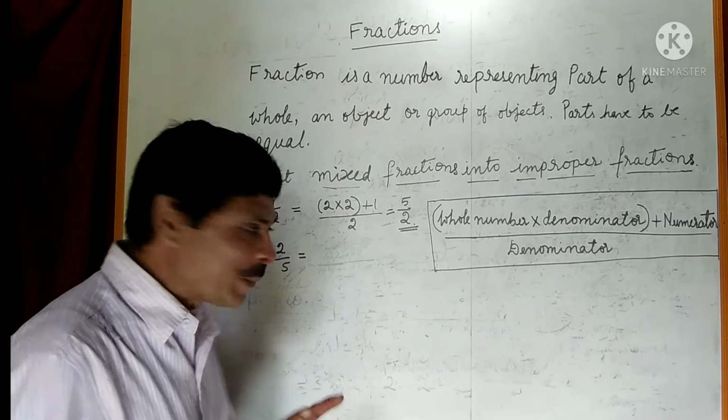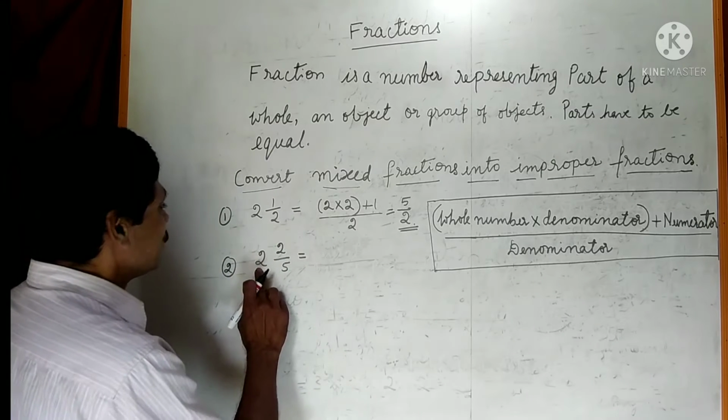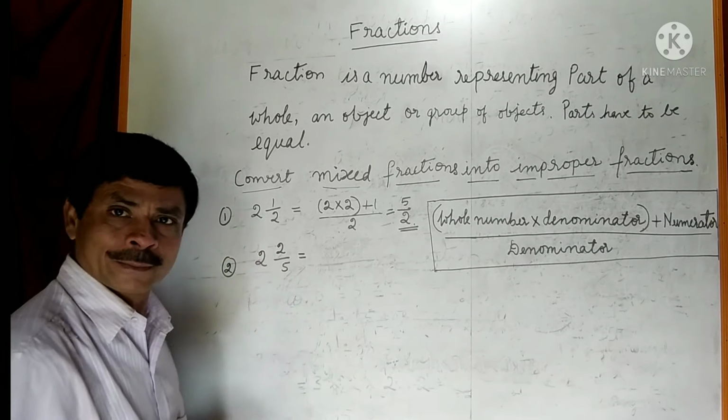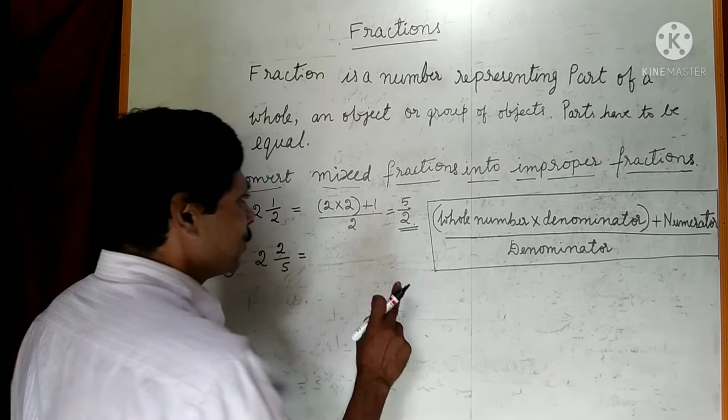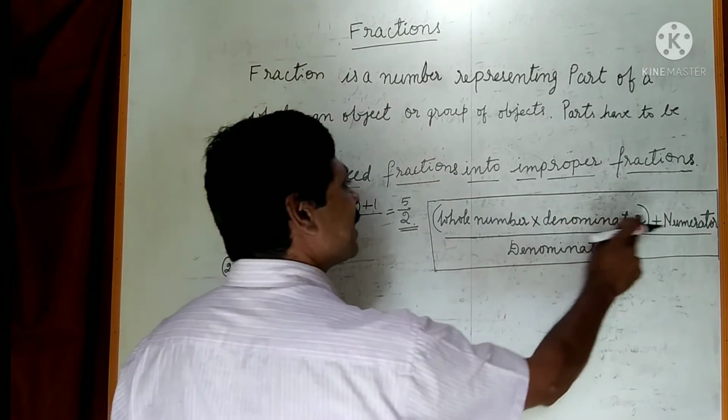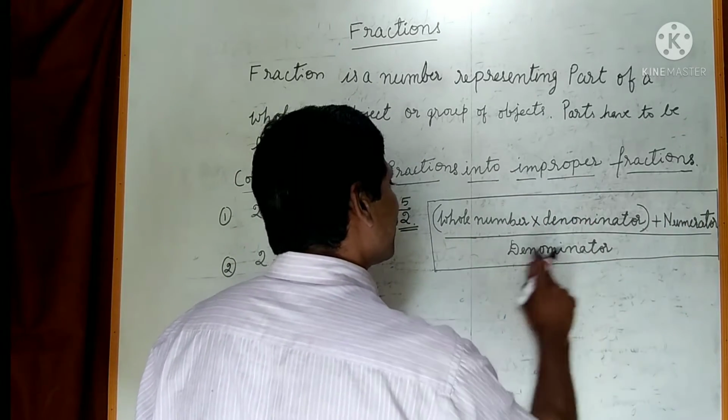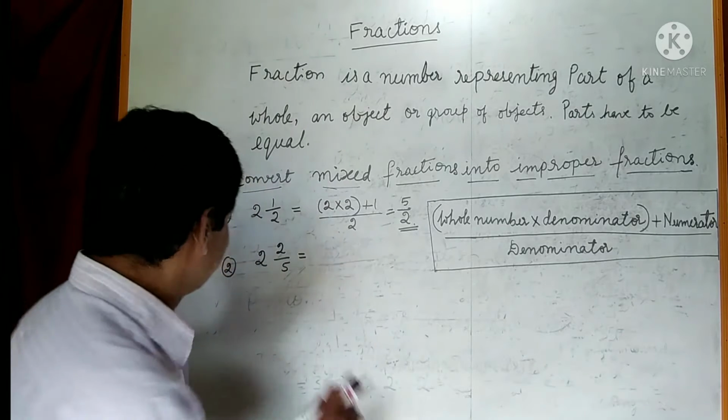We will take one more example: 2 2 by 5. Now, whole number into denominator plus numerator, all divided by denominator.